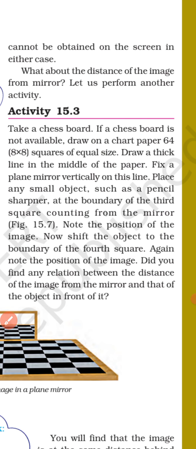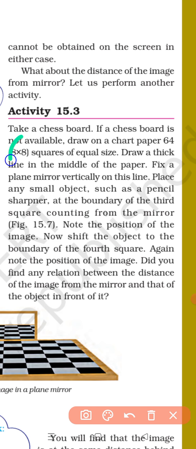Okay, now there is an activity 15.3, but before that a question was asked, what about the distance of the image from the mirror? Let us perform another activity, that is activity 15.3. Take a chessboard. If a chessboard is not available, draw on a chart paper 64 squares of equal size.